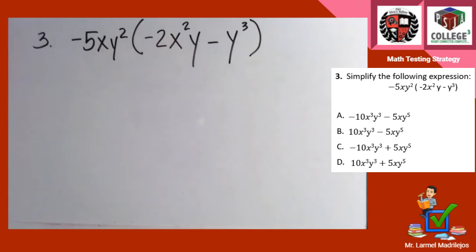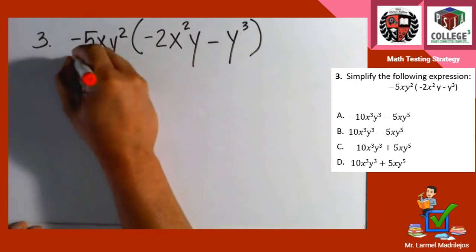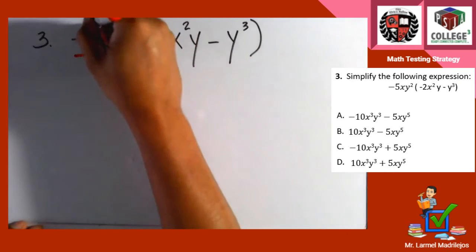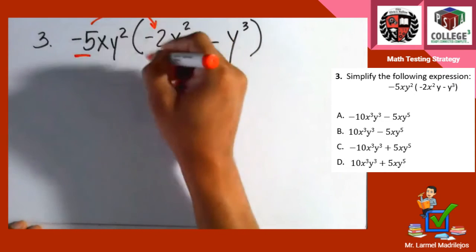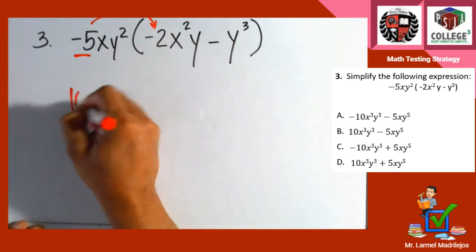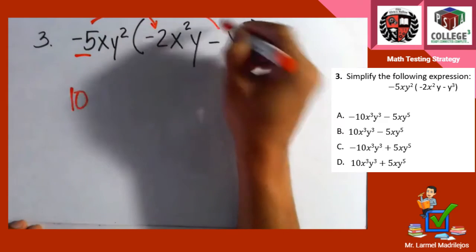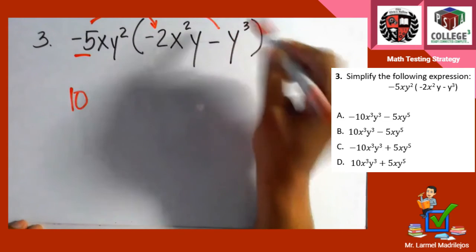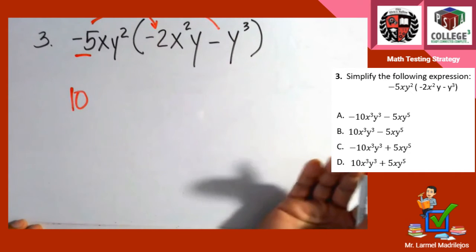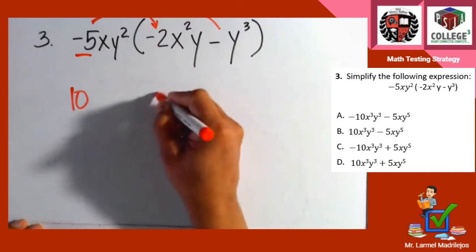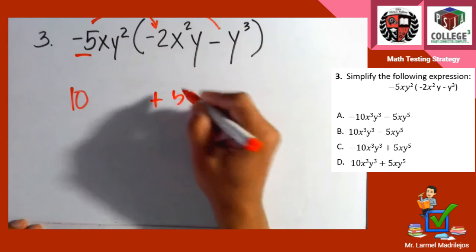Okay. Let me distribute the negative 5. So negative 5 times a negative 2 gives me positive 10. Negative 5 times, I don't see anything there, it means 1, times negative 1 is positive 1, so positive 5.